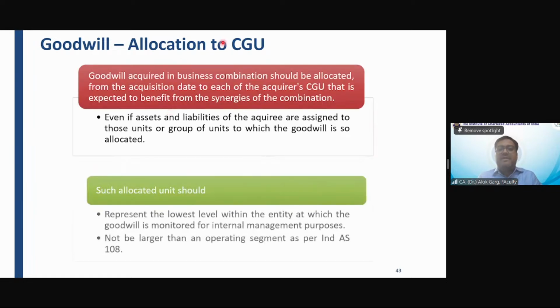Sir, if we have computed the impairment loss on a cash generating unit, how do we allocate the impairment loss on the cash generating unit? How do we allocate? Friends, a group of assets may have goodwill also. A cash generating unit may have goodwill also. So let me explain the allocation of impairment loss on cash generating unit.